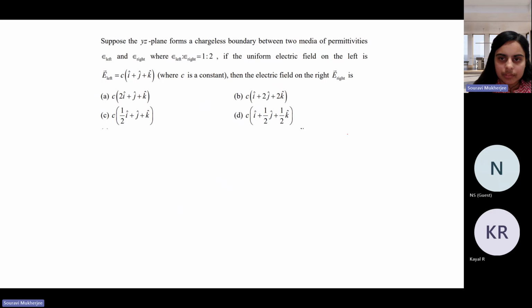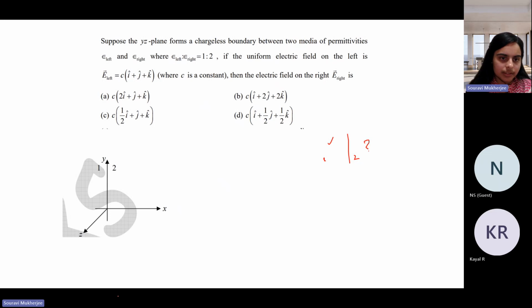So you have this media, you know the electric field here, you need to find the electric field in this region. And what this tells us is this is 1 is to 2, so here it's 1, here it's 2. These are the things that are provided. Suppose you consider this along X, this is your X. The YZ plane forms the chargeless boundary.